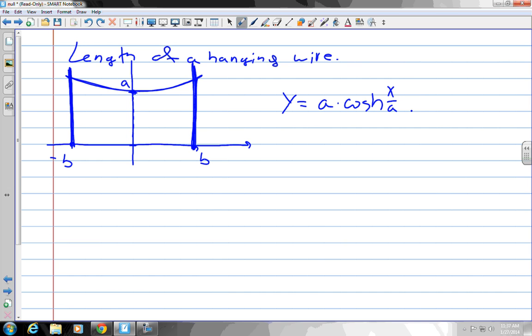Is that okay? So again, by symmetry, remember the cosh is an even function, just like the cosine was. So I can do double the integral from 0 to b of the square root of 1 plus whatever the derivative of that thing is.